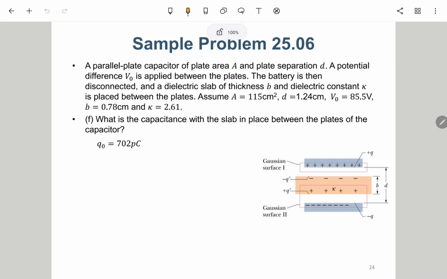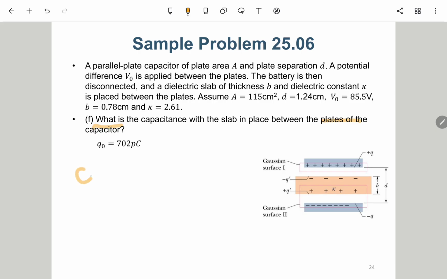Finally, what is the capacitance with the slab in place between the plates of the capacitor? What is the capacitance after inserting the slab?